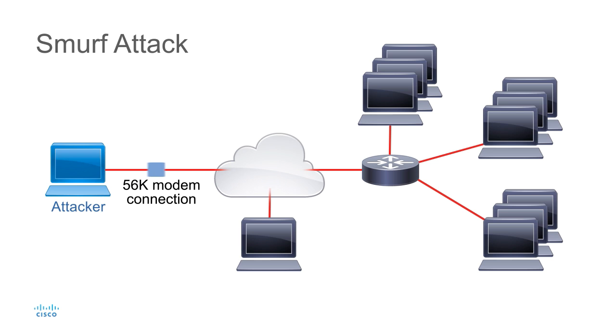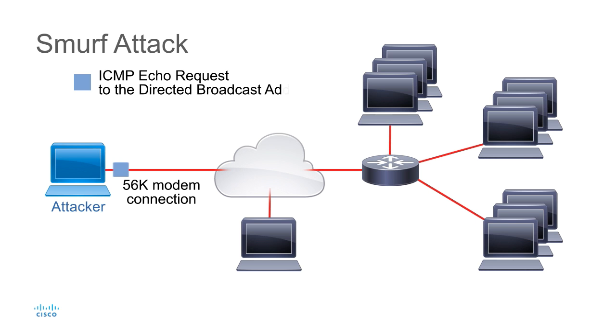Here's what he's going to do. He is going to send that ICMP echo request to a network. He's going to send it to, in many cases, the directed broadcast address. Now, that's kind of key in this type of attack. It's the directed broadcast address. And so that packet makes its way through the internet.